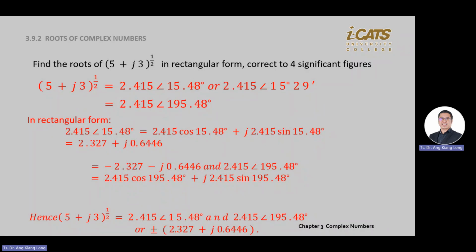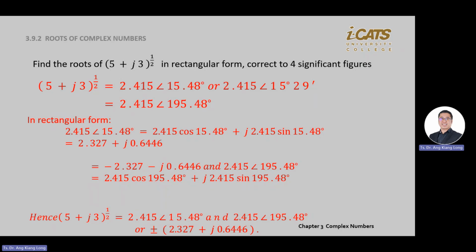Why so? You don't understand why 15. If you draw Cartesian, this is your y, this is your x. You got a degree. You change this one into tangent, right? This is 5. This is 3. What is the angle?